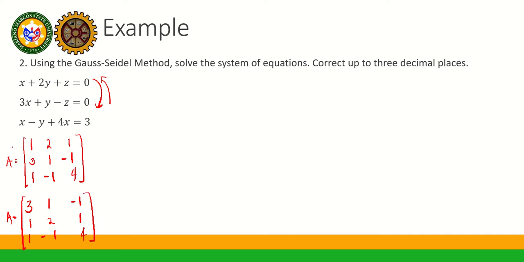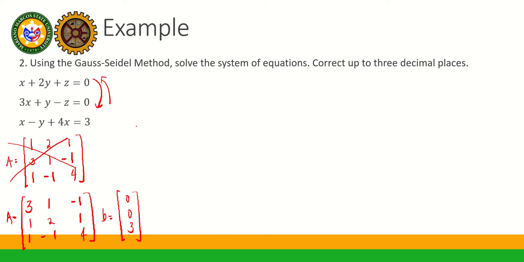We will not be using the previous augmented matrix, but rather we will use this matrix since this has dominant diagonal elements. Okay, so our B is equal to 0, 0, 3. Of course, our first constant and second constant were also interchanged.